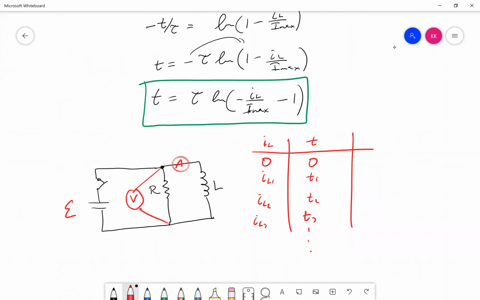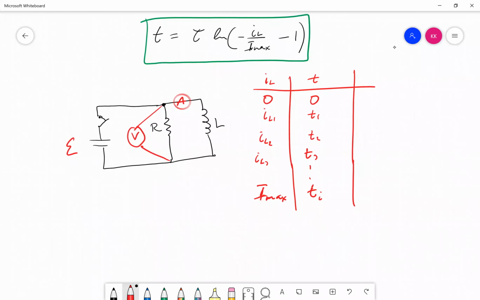And at some point I can find my maximum current. That means at some time after we close the switch, we should see that we found the maximum current because current doesn't change anymore.